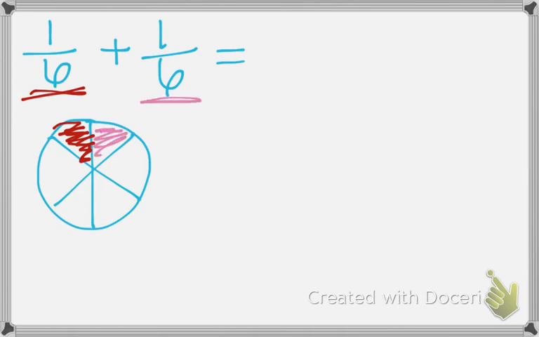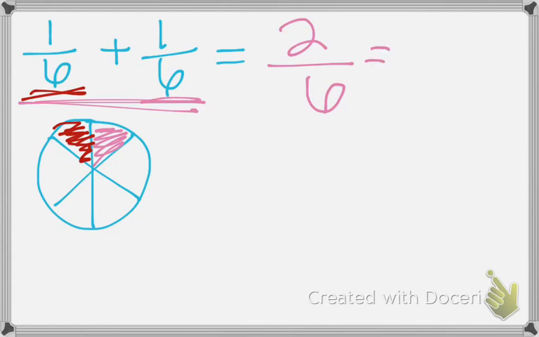So we have another 1/6 right there. I have 2 altogether, so this is actually 2/6. So I have 1/6 plus 1/6 is 2/6. The bottom doesn't change, the top is what changes. You can reduce that to 1/3.